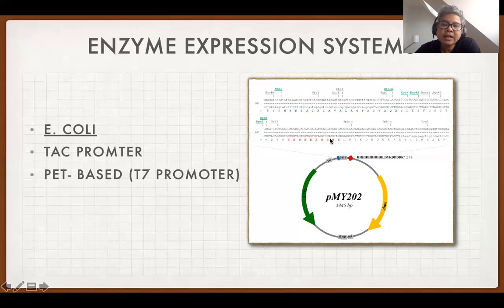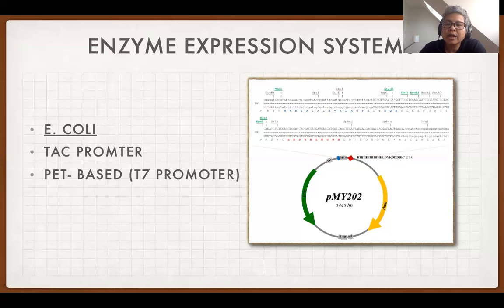And in this case, when I engineer the vector, I put histidine at the end of the enzymes. In this case, it's 10 histidine, but sometimes it's 6 histidine. This depends on different scientists. In addition to 10 histidine, I also have this epitope. This is called FLAG epitope.